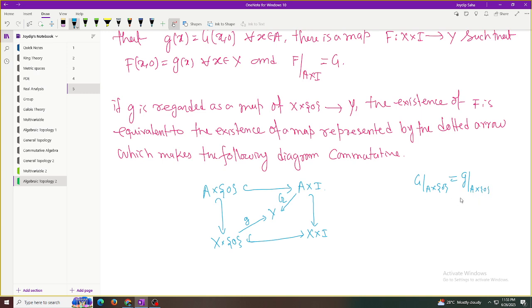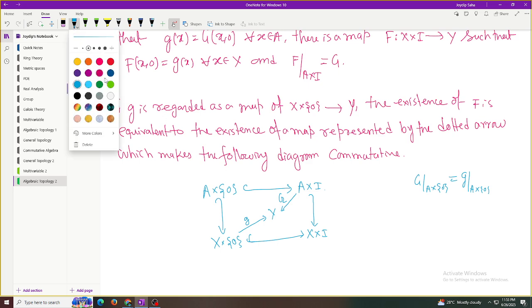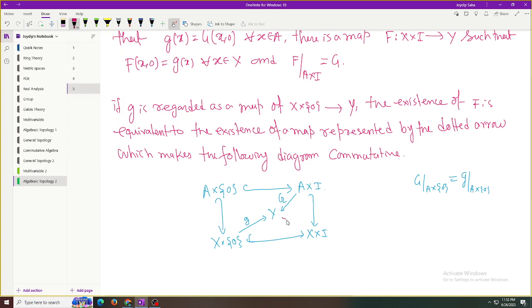So there exists a map F from here to here such that F restricted to A cross I is G, and obviously F restricted to X cross 0 is g.